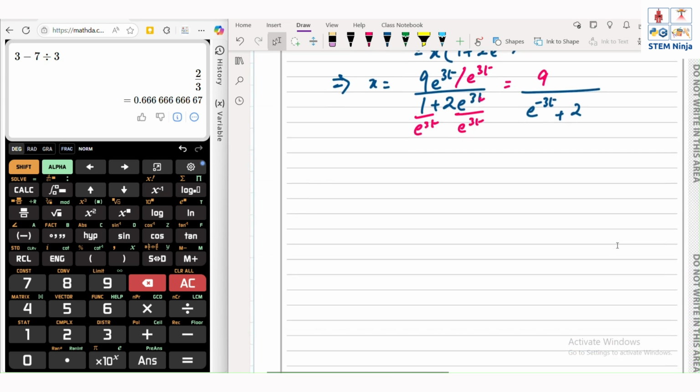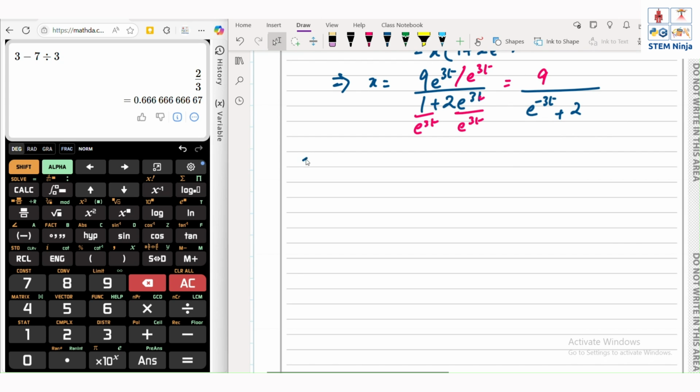Okay, so same way we did that. As we know that for e raised to power x, when x approaches infinity, e raised to power minus x approaches 0. So same way, as t approaches infinity, e raised to power minus 3t approaches 0.